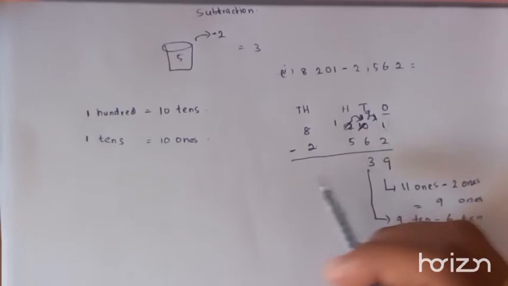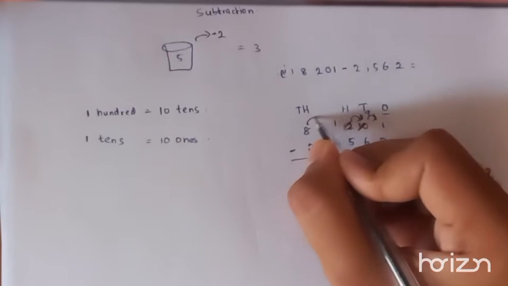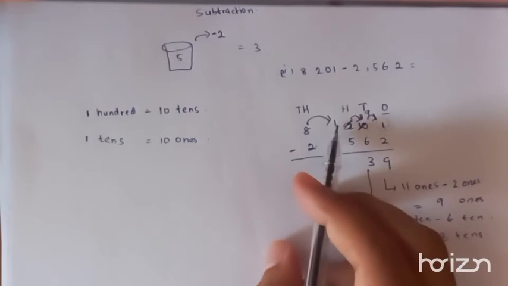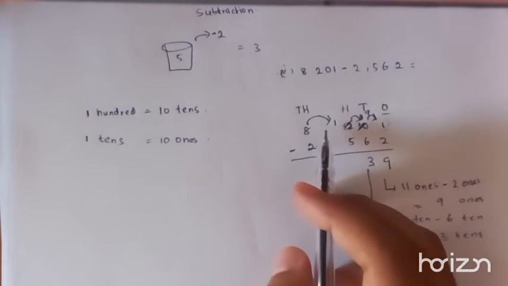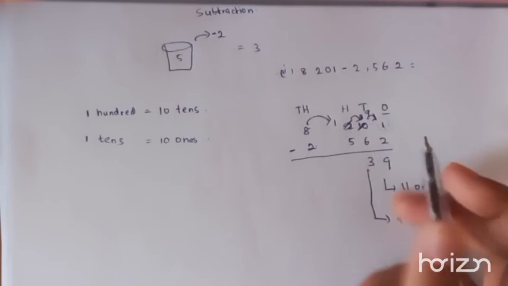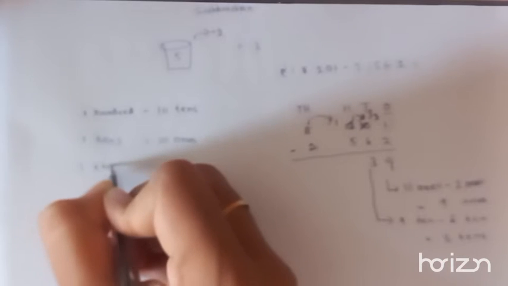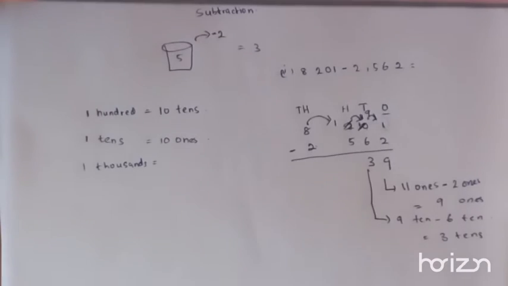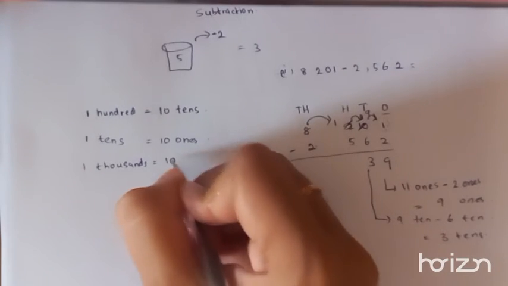So what we are going to do in here is exchange 1 thousand to the hundreds column, because we only have 1 here. We can't take away 5 from 1. So we're going to exchange 1 thousand into the hundreds column. 1 thousand broken down into hundreds, we would have 10 hundreds.